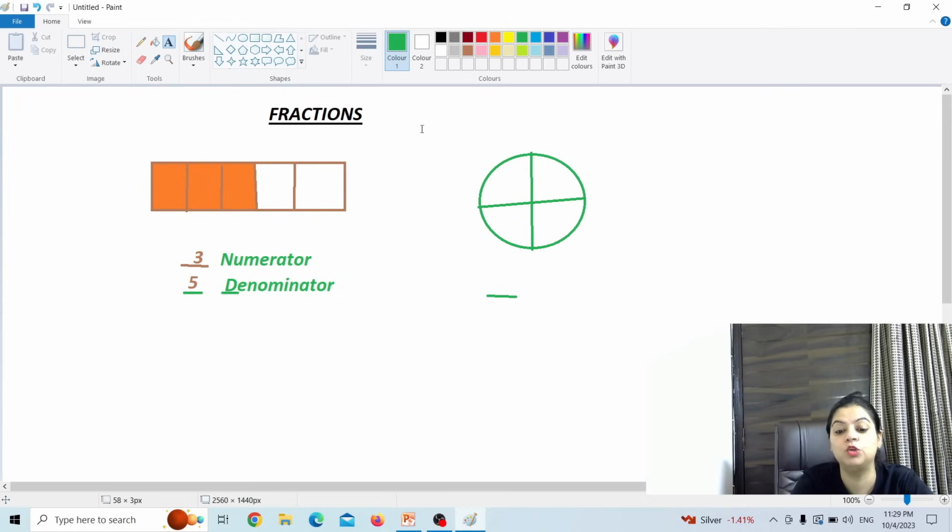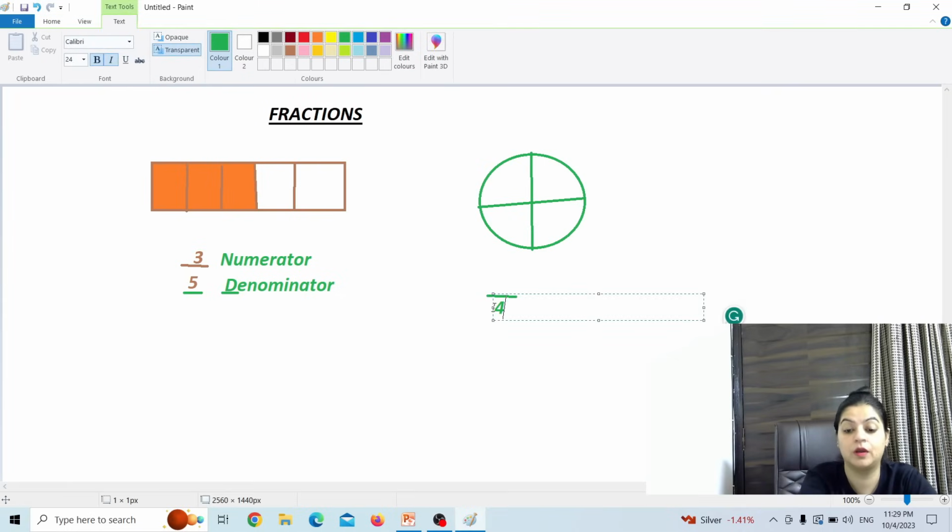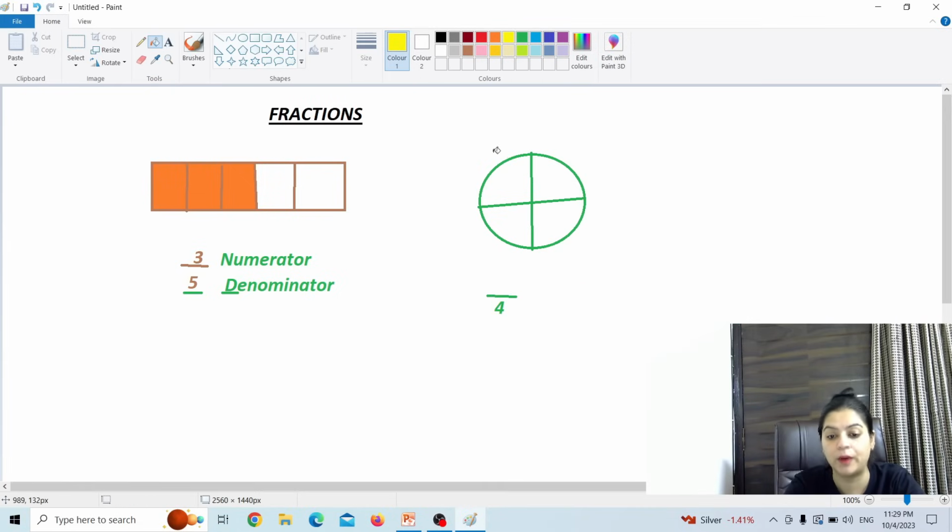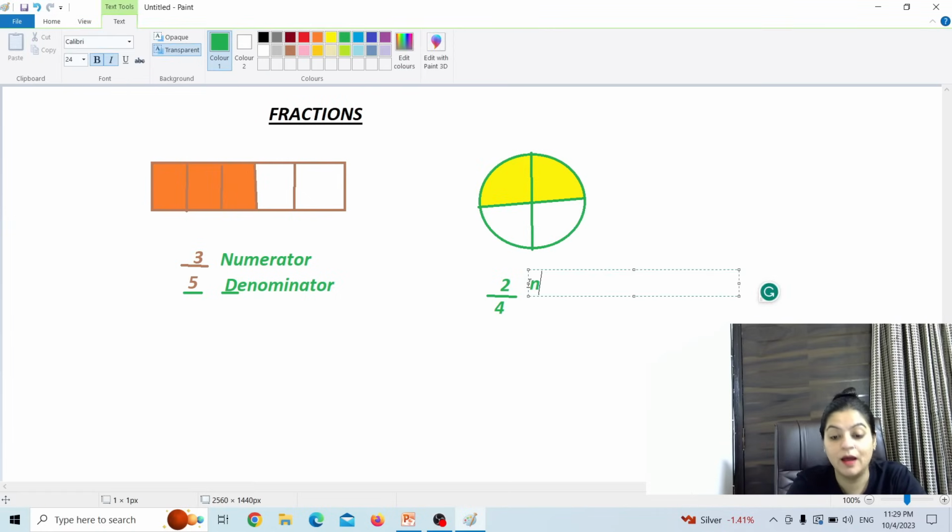Below the line, you will write 4. Out of 4, 4 is the number that represents whole parts. Out of 4, how many parts you want? So I want, let's say, 2 parts. 1 part, 2 parts. So I will say 2 out of 4. 2 is my numerator and 4 is my denominator.